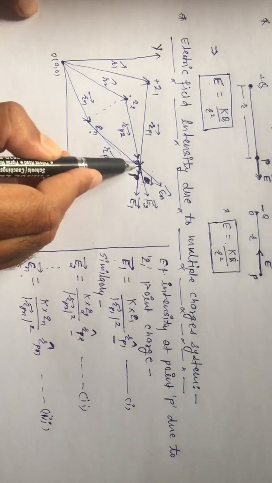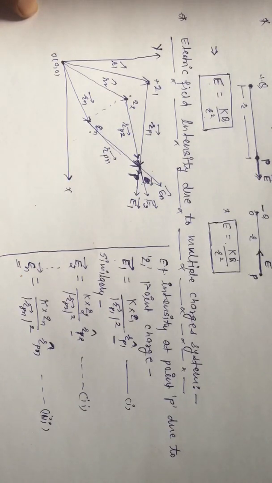My question is, what is the net electric field intensity at point P?